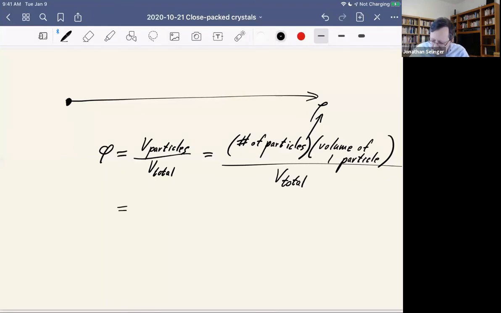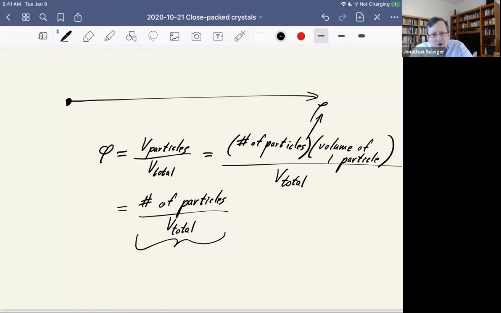And then the number of particles divided by V total, okay? Well, this is the density of particles per volume.